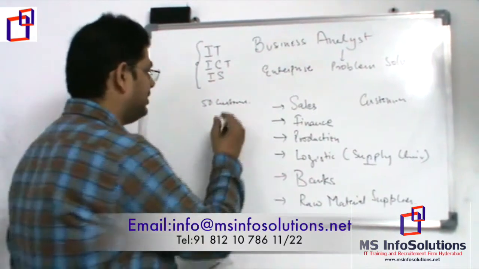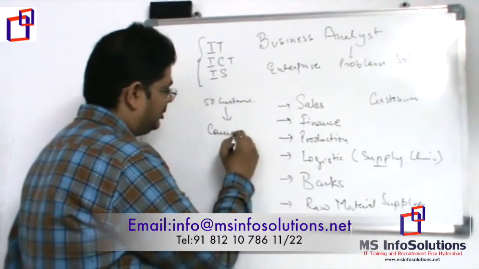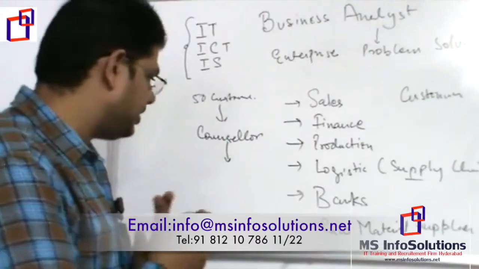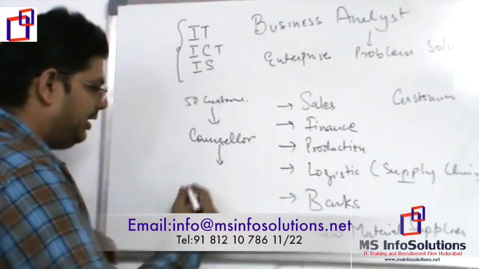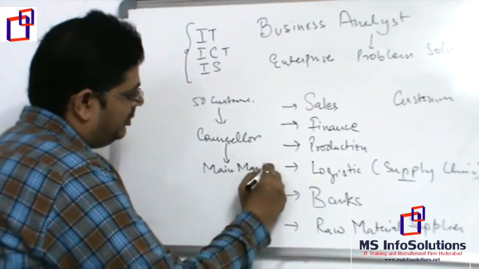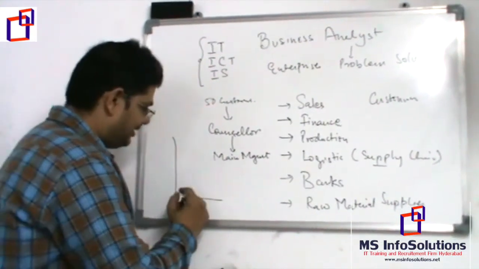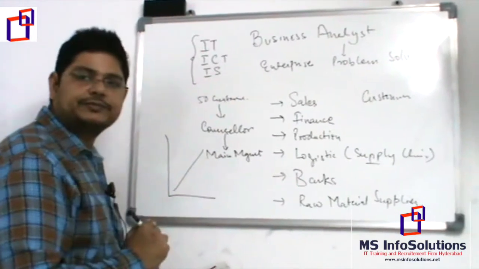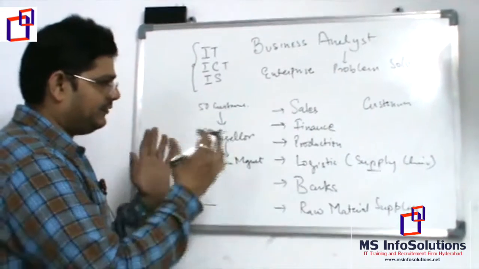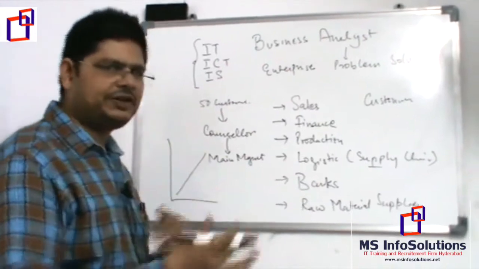Now this information needs to be translated properly to the counselors, and this counseling report needs to be given to the main management of the company, so that they can know what kind of sales they can expect in one particular month. So as you can see, there are so many problems when we want this information to travel to us, because there's a lot of things involved in every business.